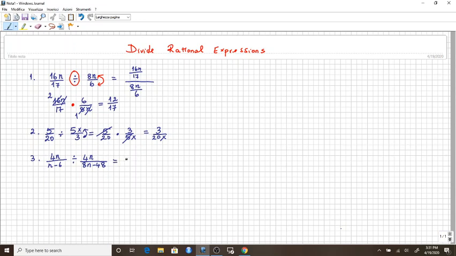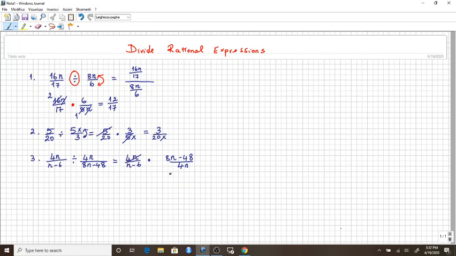Okay, so we rewrite the first rational expression the way it is, 4n divided by n minus 6, and now instead of division we multiply by the reciprocal, which is 8n minus 48 all divided by 4n. Now this becomes a multiplication of rational expressions.